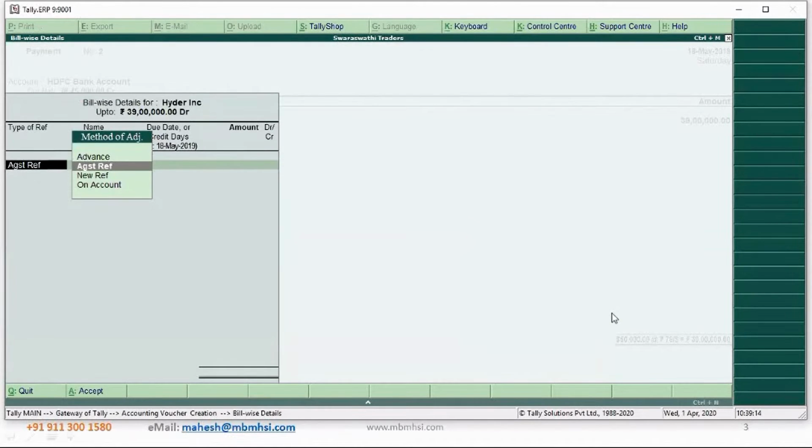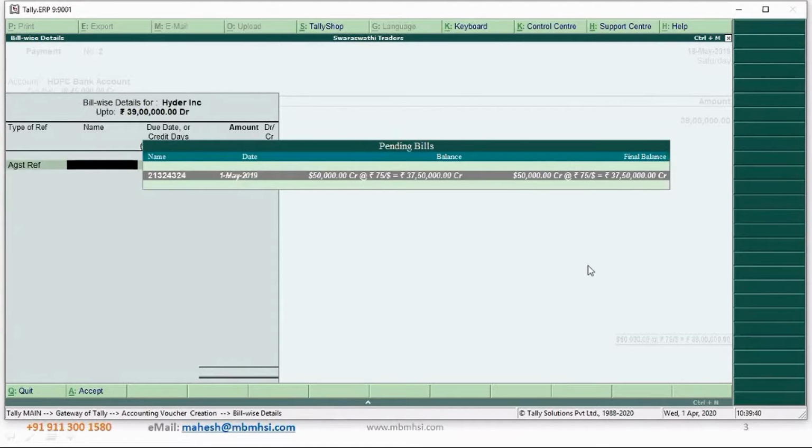Now it takes you to the bill-wise adjustment. This is very, very critical. You have to adjust against the particular bill in which you had purchased. So I'm taking it as against reference.